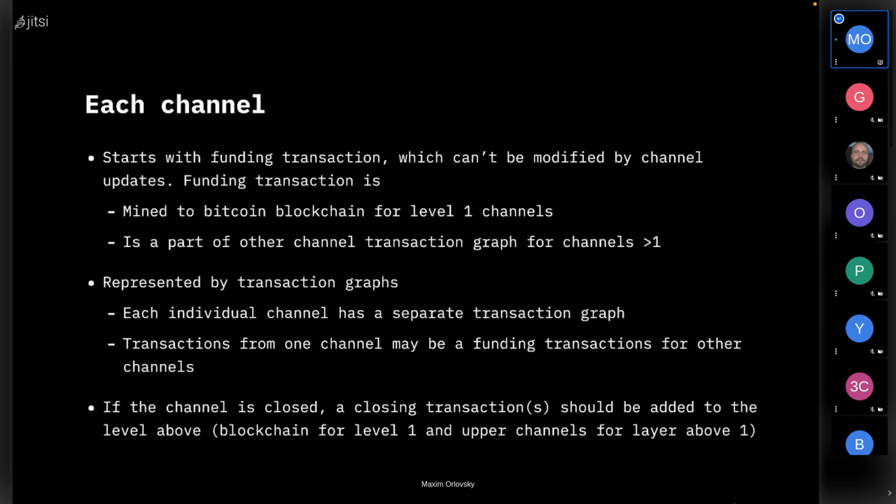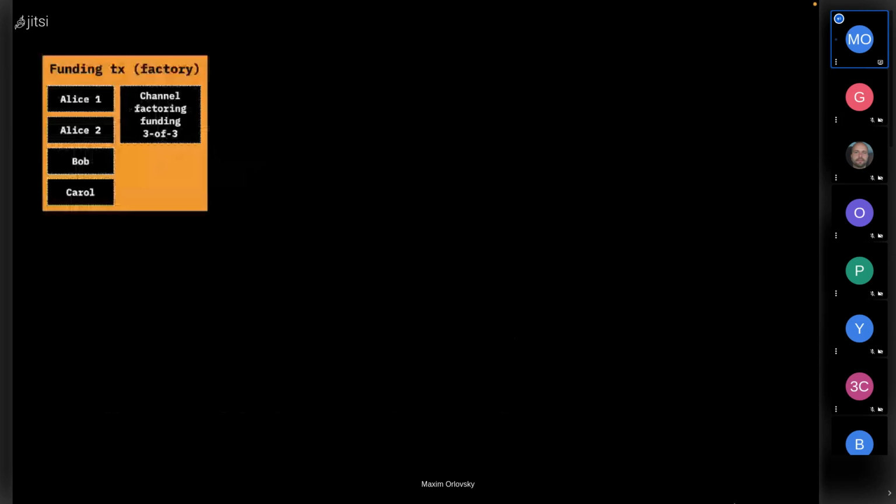And if some of the channels is closed, a closing transaction should be added to the channel above, or, in case of level 1 channels, it should be mined into the Bitcoin blockchain. These are the rules that we define for the abstraction of the channels from each other. We will follow these rules to construct the Bifrost abstraction mechanism from specific channel types.